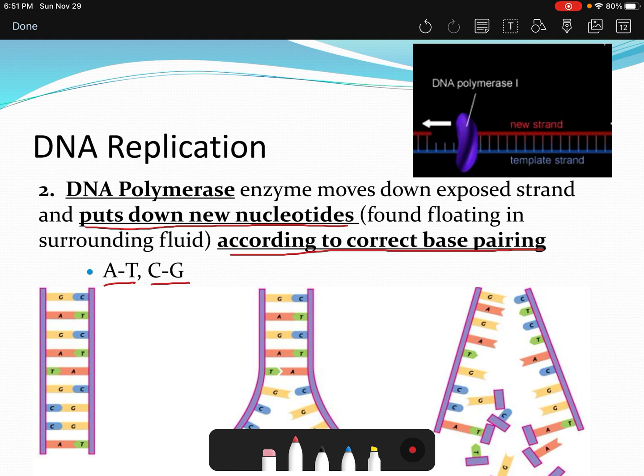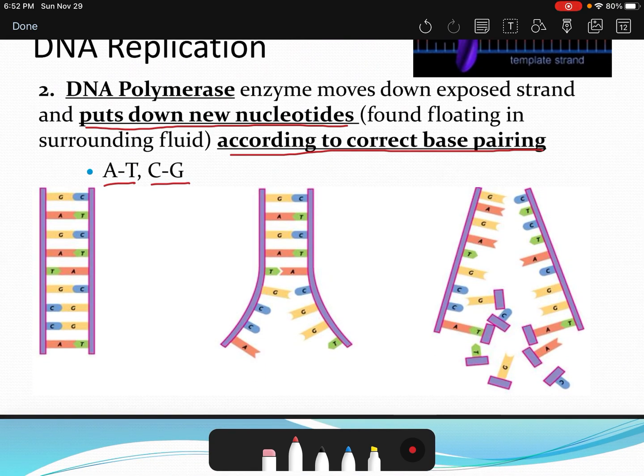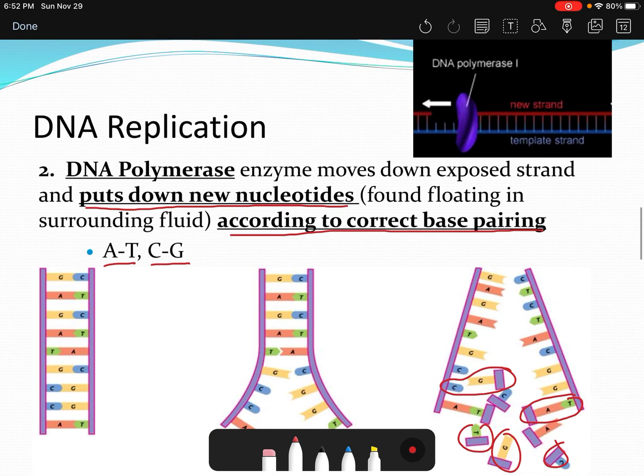So here we have the closed strand. It's starting to open up there, and now we have these nucleotides out here that are floating around, and DNA polymerase will start matching up A with T, and now this G is going to go here with the C, and it's just going to keep going. One DNA polymerase will move up one side, another DNA polymerase will move down the other side. And you can see up here, here's the DNA polymerase moving down the template strand, and it's adding a new strand right in there.